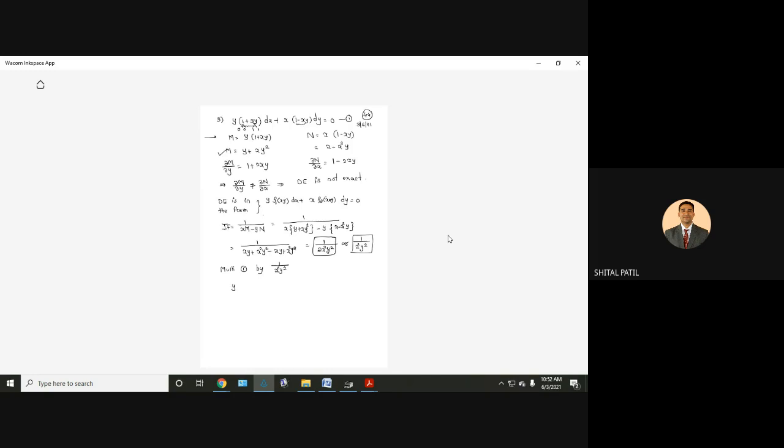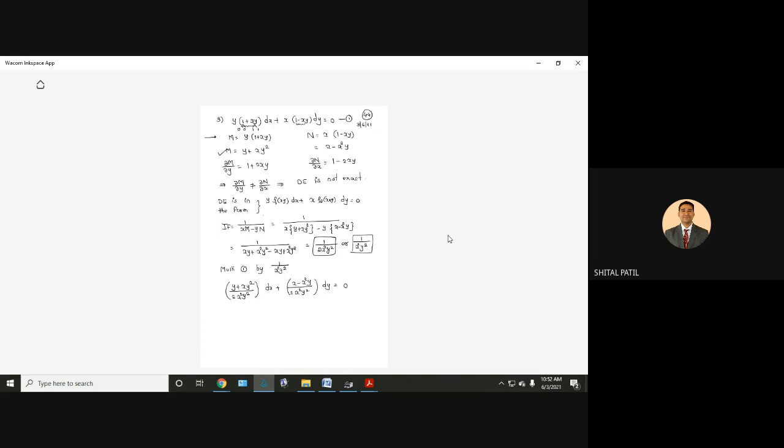So (y + xy squared) divided by x squared y squared dx plus (x - x squared y) divided by x squared y squared dy equals 0. So see, if it is 2 here, I can cancel 1 upon 2 from both sides.